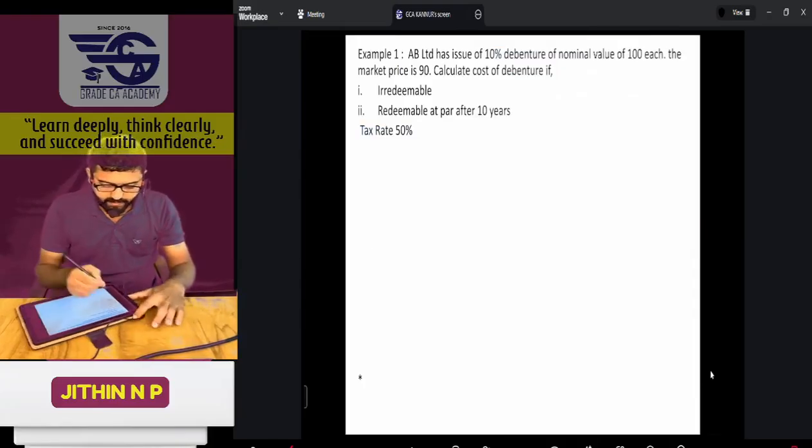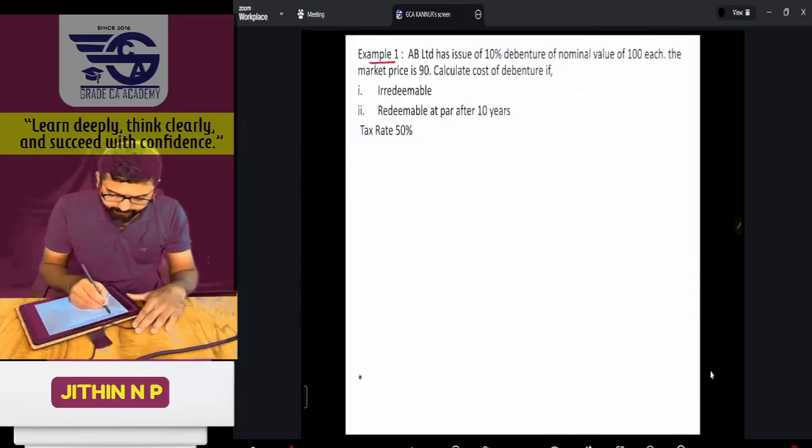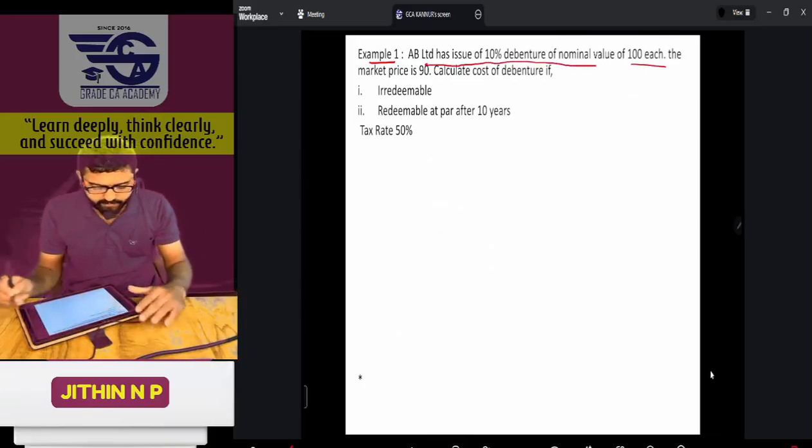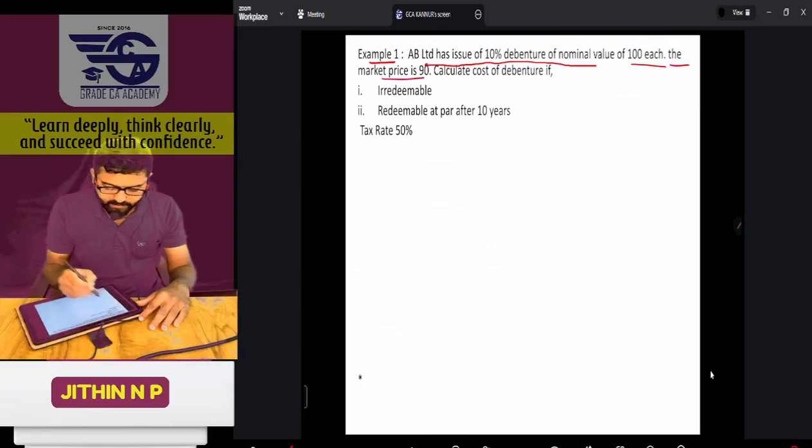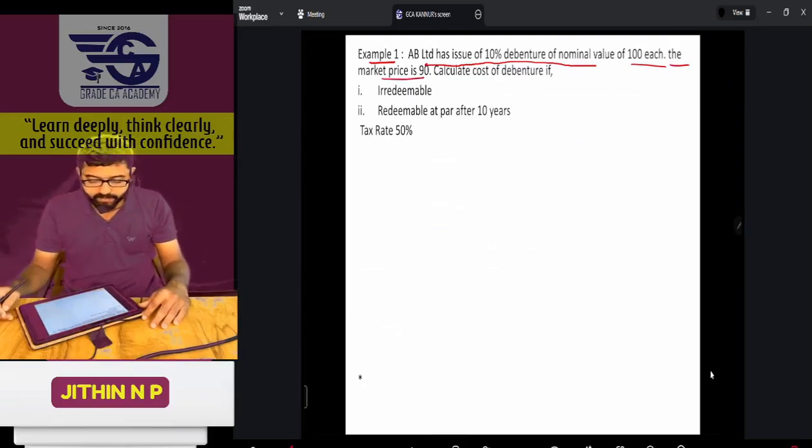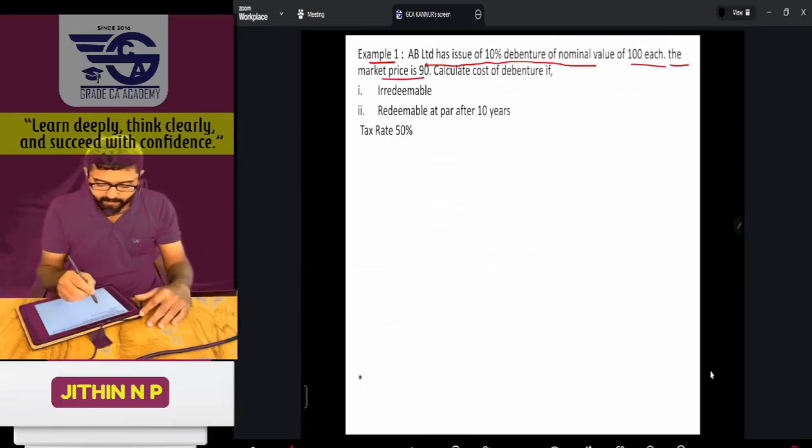Cost of debt, Example 1. AB Limited has issued 10% debentures of nominal value 100 each. The market price is rupees 90. Calculate the cost of debenture.